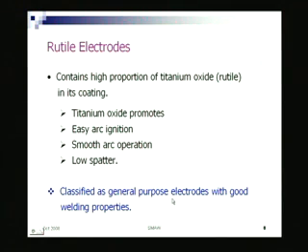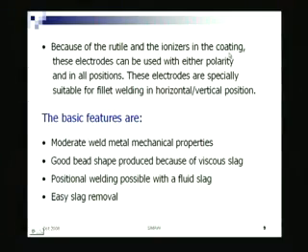They are classified as general purpose electrodes with good welding properties, meaning they can be used over a wider range of requirements. Because of the rutile and the ionizers added in the coating, these electrodes can be used with either polarity and in all positions. For the cellulosic electrode we talked about electrode positive polarity, preferably with a DC power source. That was a limitation.